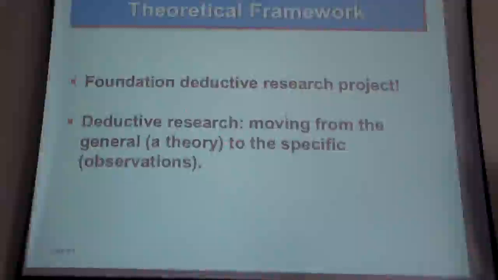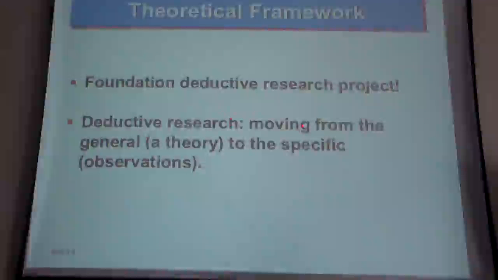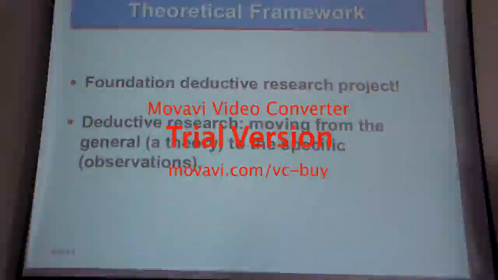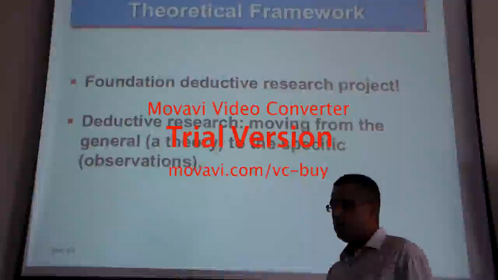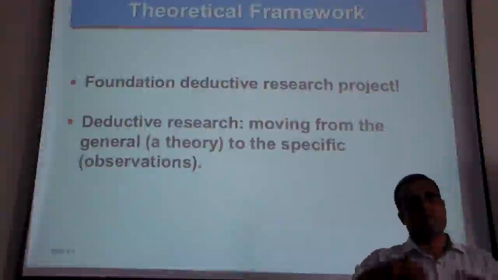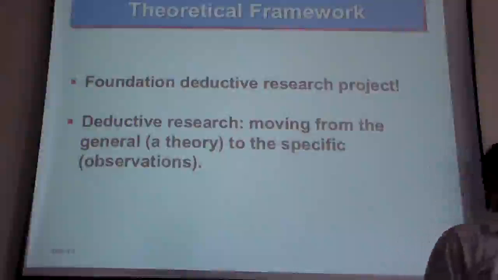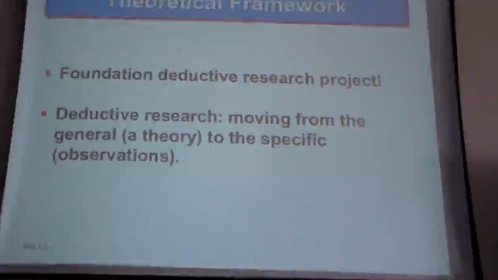Deductive research, what we mean by deductive research, it means we move from the general, which is a theory, to the specific, which is the observations. Observation means that we observe. Okay? We observe, for example, from our organization that something happened.